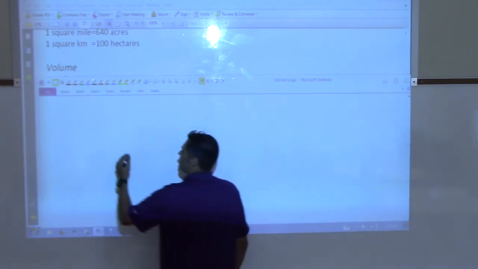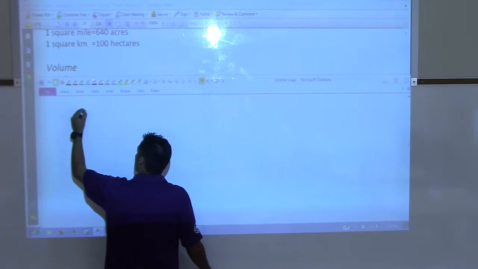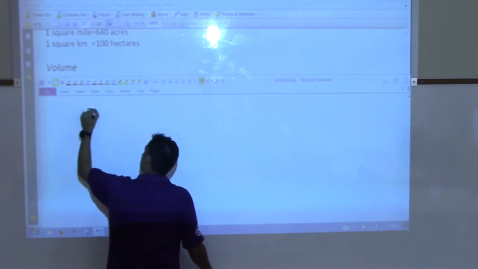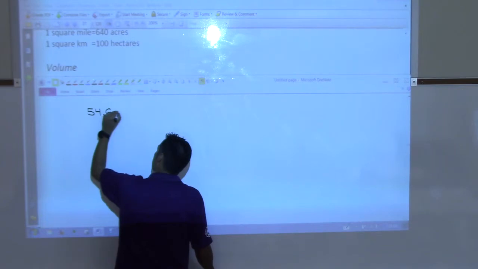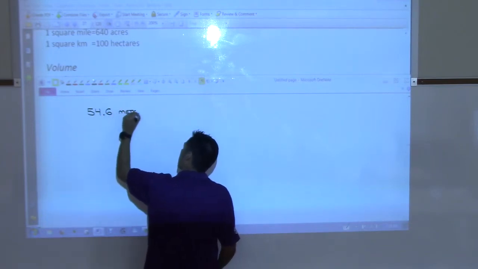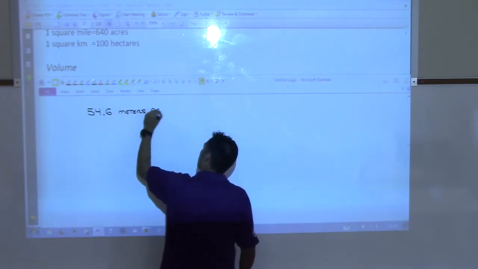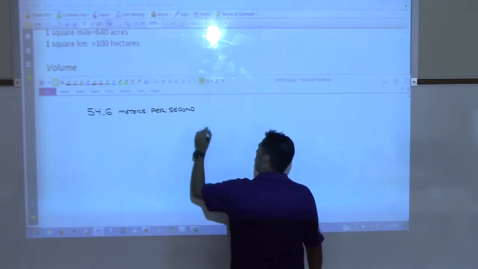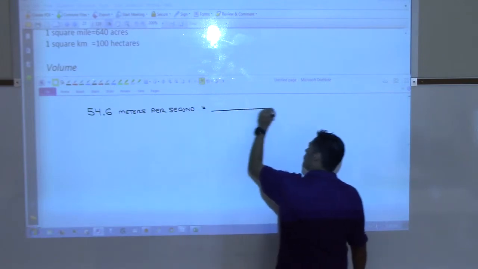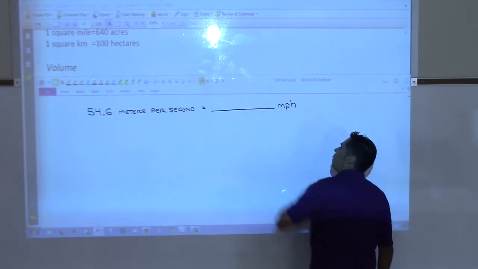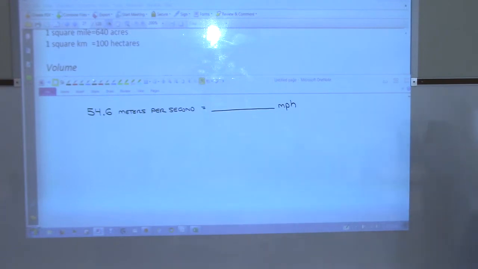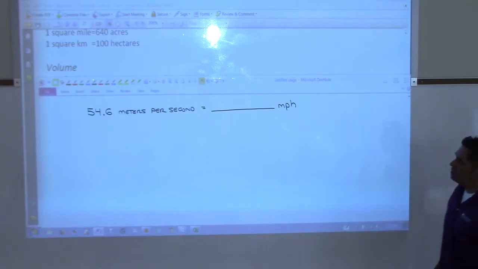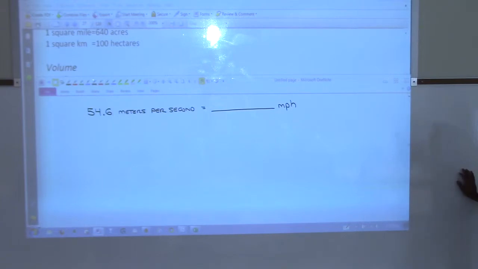So what if I had this object that was traveling 54.6 meters per second? I would like for us to convert that into mph, miles per hour. Because we're all familiar with miles per hour, right? That makes sense to us. So what is 54.6 meters per second into miles per hour?